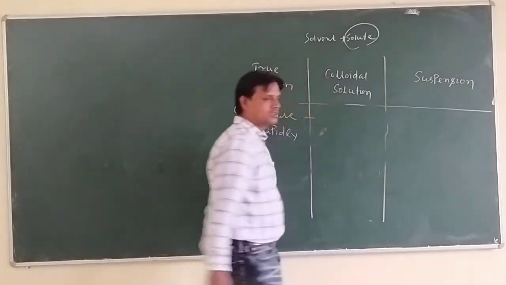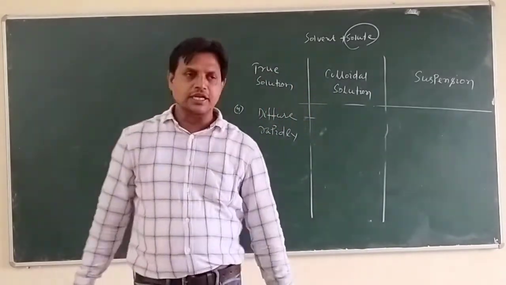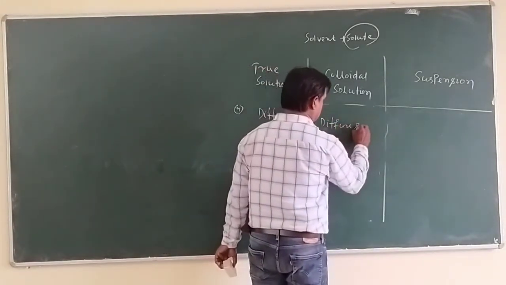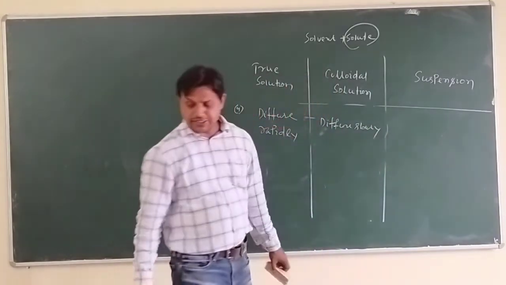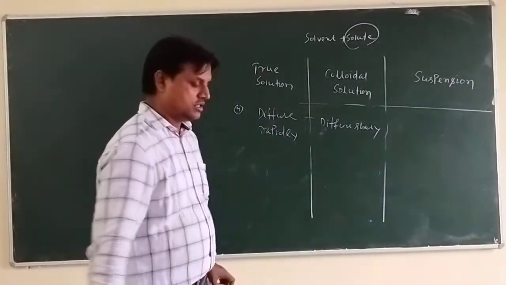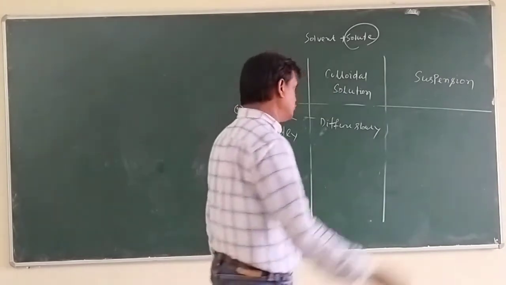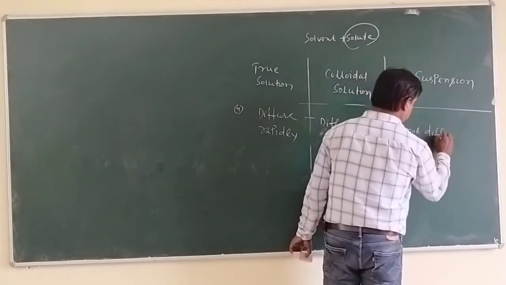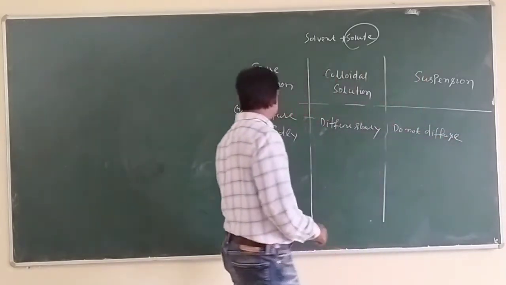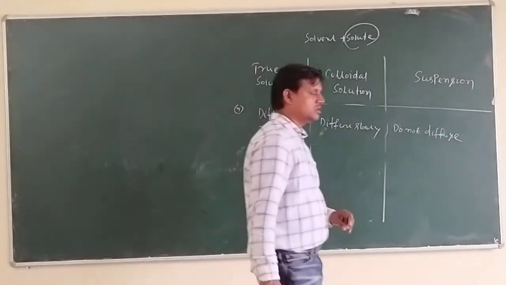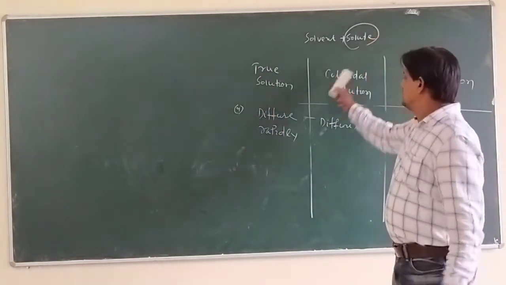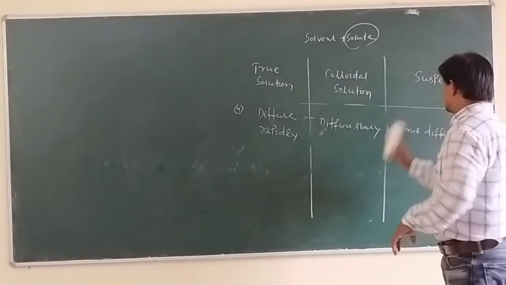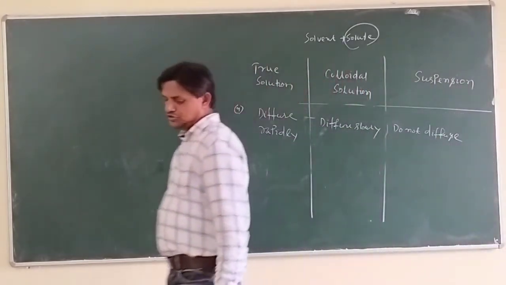Colloidal solution doesn't diffuse rapidly, but diffuses slowly. And suspension doesn't diffuse. It can flow, but doesn't diffuse. So in case of true solution, diffusion is possible. Colloidal solution diffuses slowly, and the diffusion process occurs slowly. And suspension doesn't diffuse.